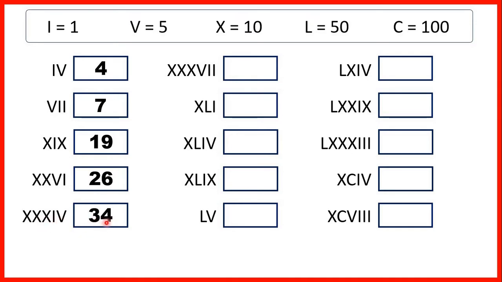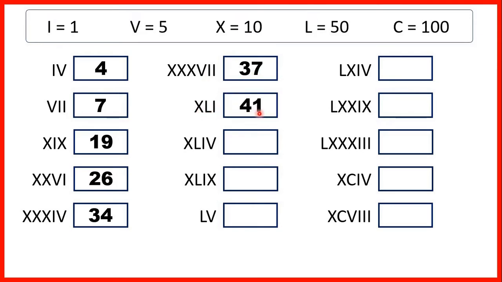XXXIV is 34, because 3 X's is 3 tens, so that's 30, and IV is 1 before 5, so that's 4. Now, XXXVII is 37, because 3 X's is 3 tens, so 30. VII is 5 and then 2 1s, which makes 7.